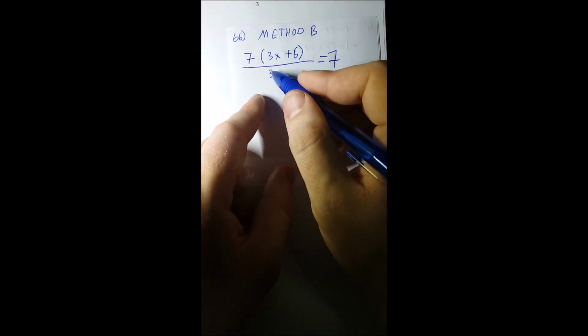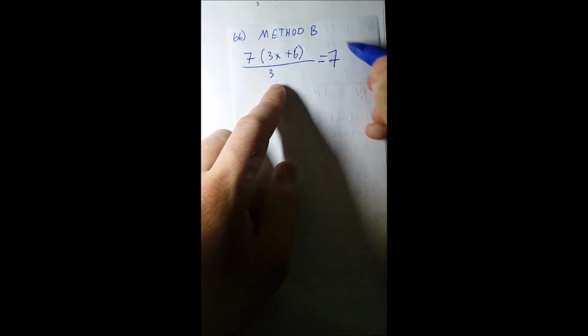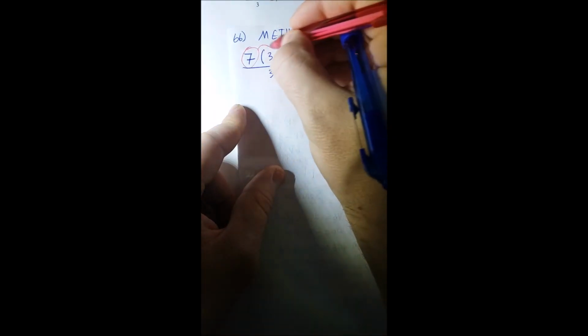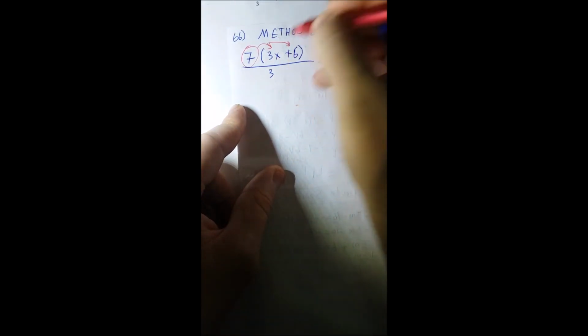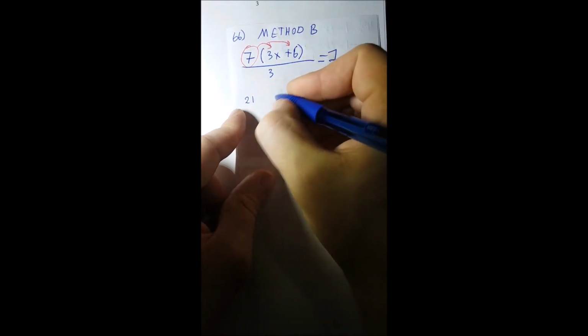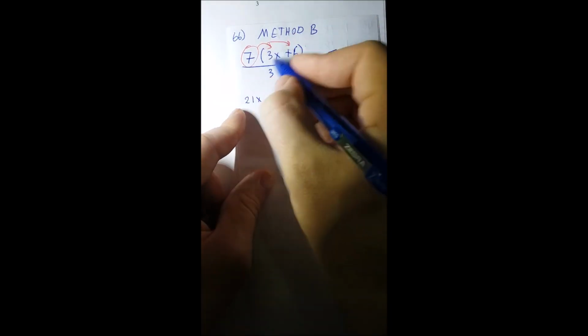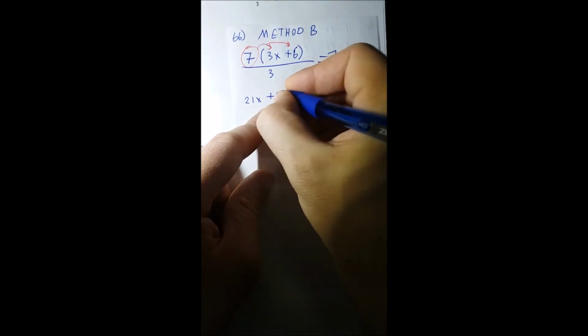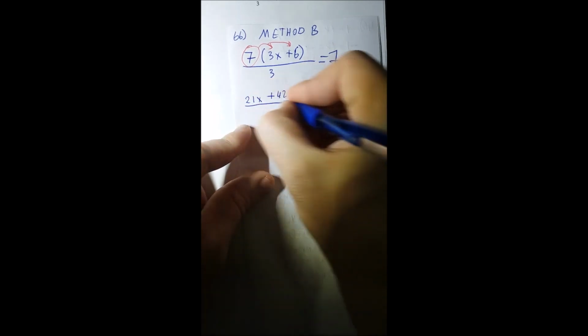Okay, in method B, I'm not going to multiply by 3 on both sides. What I'm going to do is simplify the numerator by distributing 7 into this parenthesis. So now it's going to be 7 times 3x is 21x, 7 times 6 is 42, plus 42.